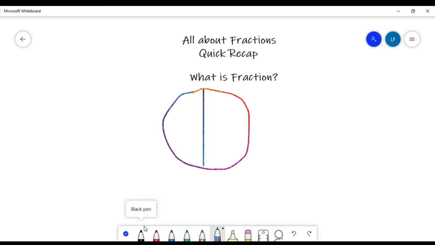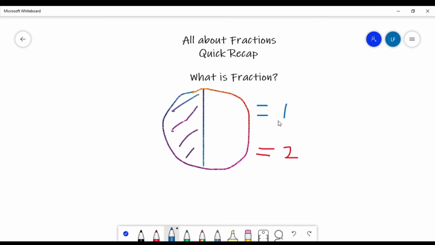So for example, this half of the pie you have eaten and this half is uneaten. What is the total number of pieces in the pie? Two. And what is the number of pieces which has been eaten? One, right?